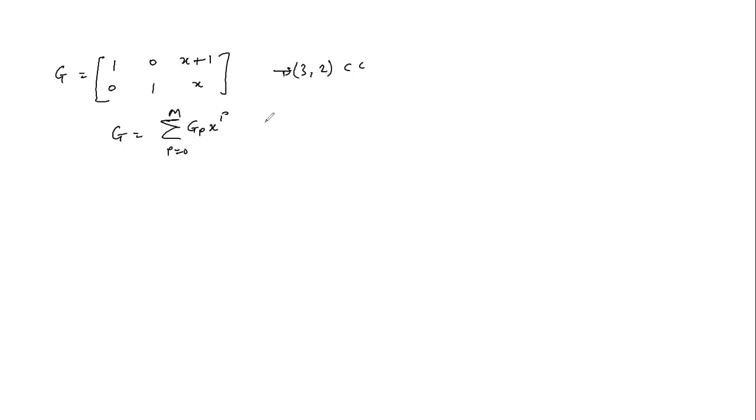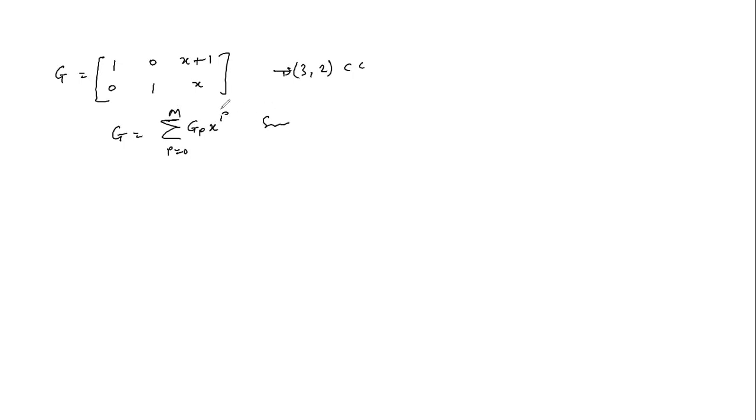Now, if we are given the generator matrix G to be the same as 1, 0, 0, 1, x plus 1, x, this is for a 3 by 2 convolution code, then G is the sum over p equal to 0 of G sub p x to the power p.